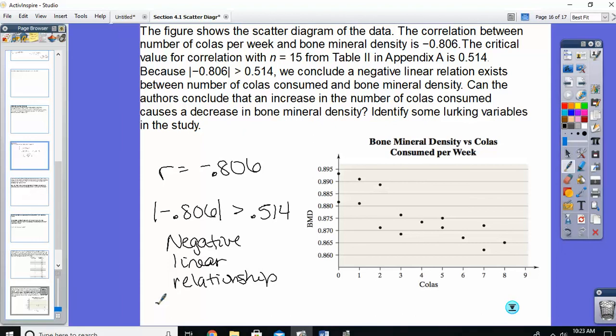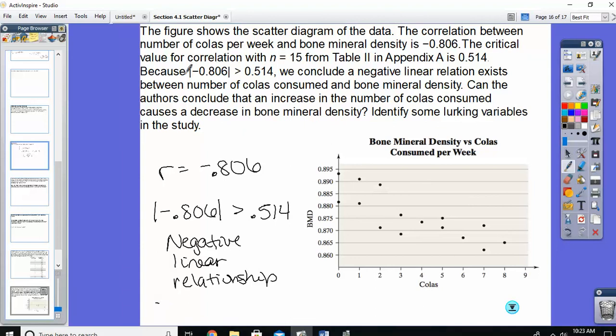Maybe the people that drink a lot of soda have a lower bone density because they're not drinking milk. Is it because of the soda? Maybe indirectly, but it's more that they're lacking something else in their diet. Not necessarily the soda itself, but what else they're lacking. So we can't say that one caused the other, we can just say that they're related.